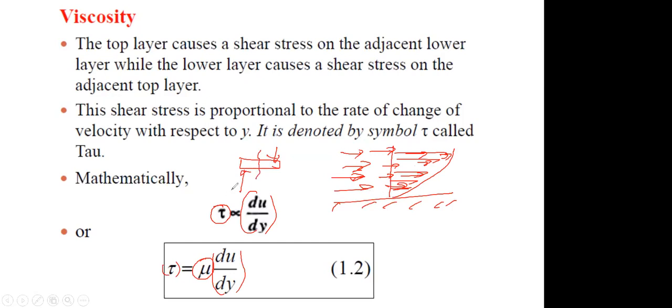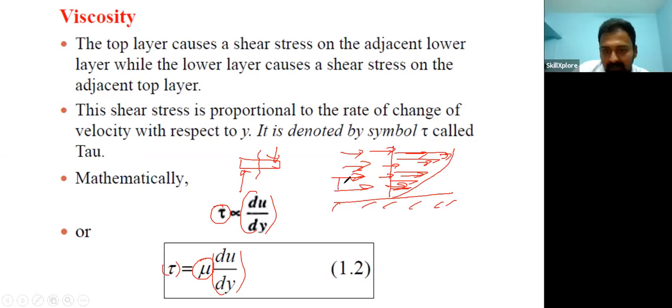Similarly, for the flowing fluid, consider the force of attraction between two fluid particles, where one fluid particle is flowing here and this fluid particle is restricted here. The force of attraction between these two particles will get decreased.